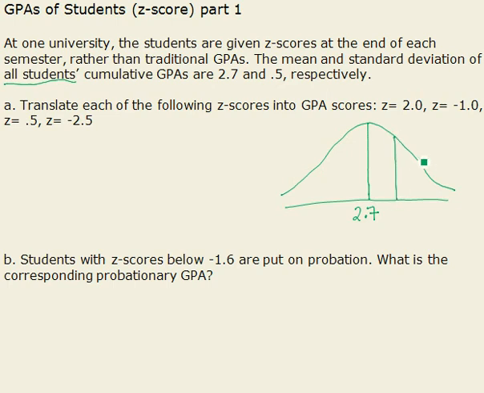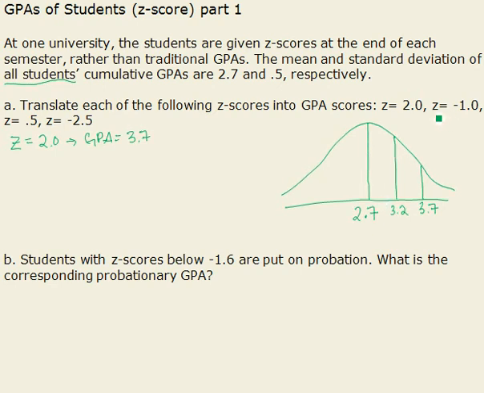So if I want a z-score of 2, I know that's 2 standard deviations above my mean. Or in other words, I would add 0.5 to get to 3.2 and another 0.5 to get to 3.7. So when z equals 2, my GPA equals 3.7.